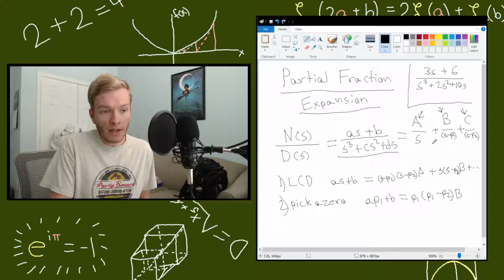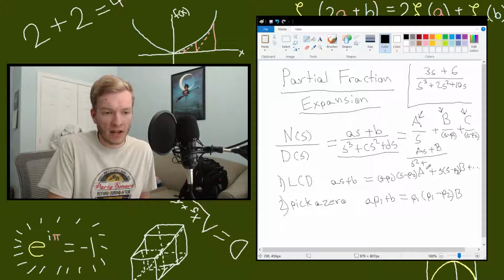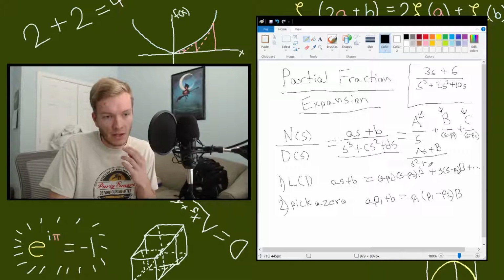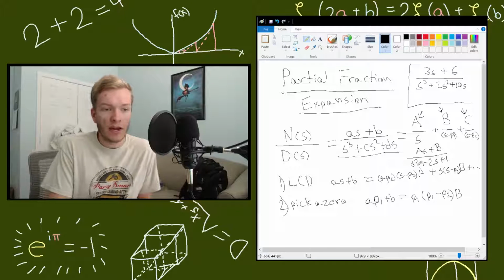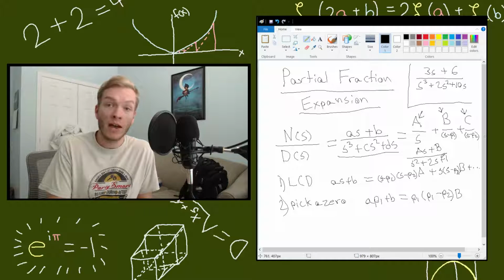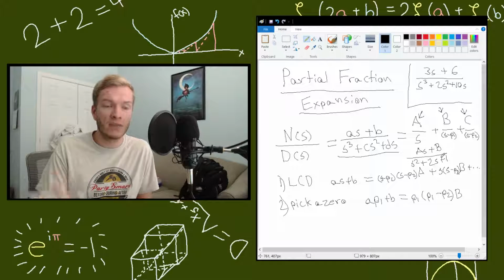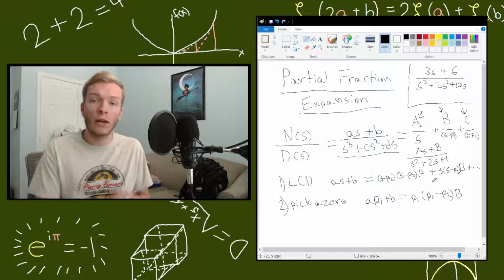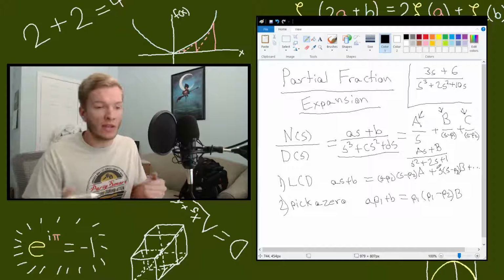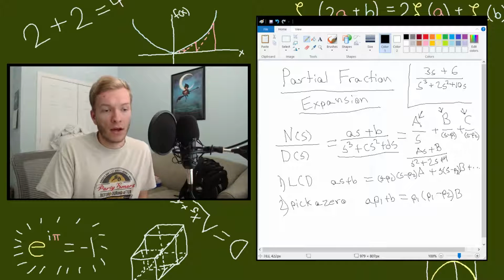Then what we can do is say that this is going to be AS plus B times our S squared plus, let's think of something that's going to be imaginary. Say 2s plus 1, so this would come down to s plus 1 squared, and when we take the square root of that, we would get positive and negative I. The reason that we don't change this is because a lot of people tend to have a problem working through complex numbers.